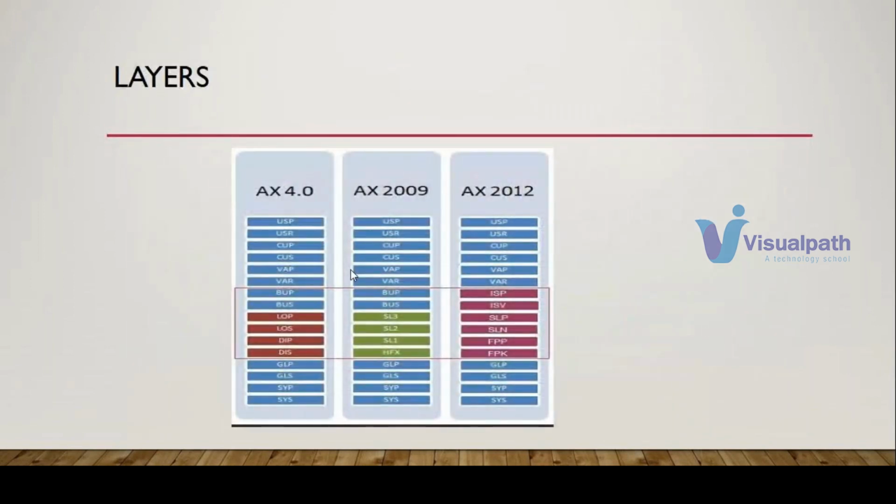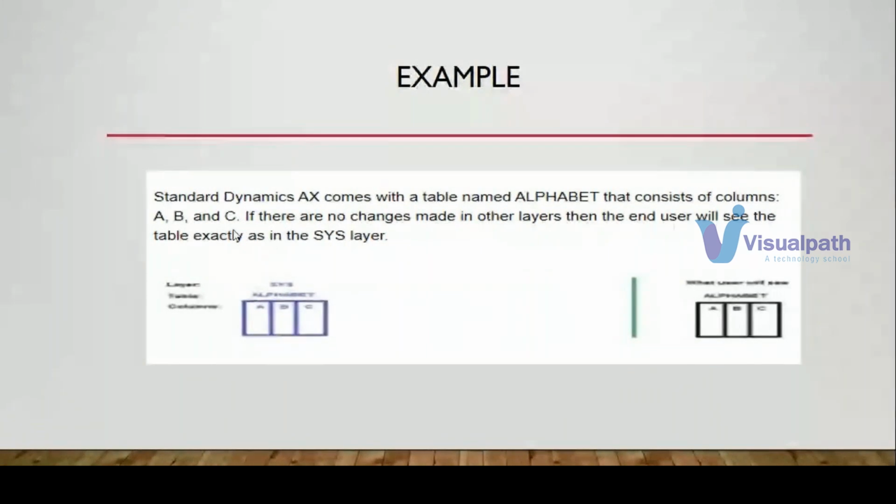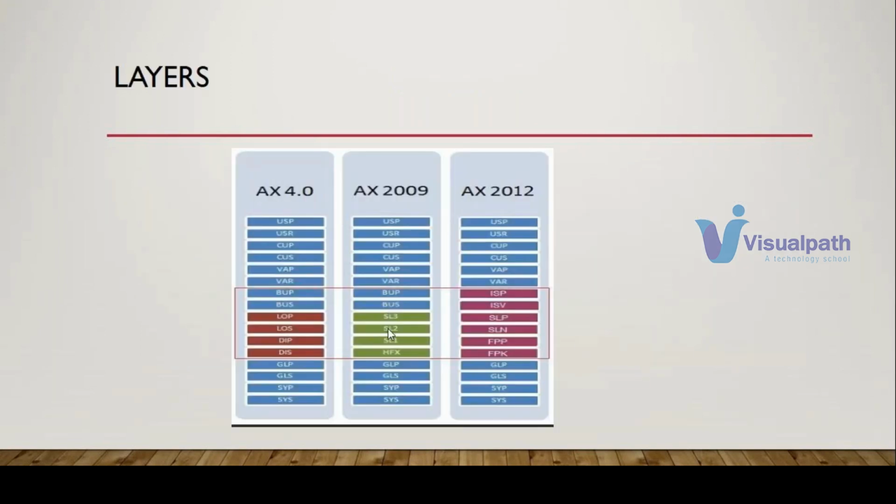So again, coming back to the example I told you, some people from Microsoft, the system layer people, created ABC in this particular table. So now the final layer people can also see ABC. The system layer people create the code first, and later layers are adding more code, or they may be hiding the code.